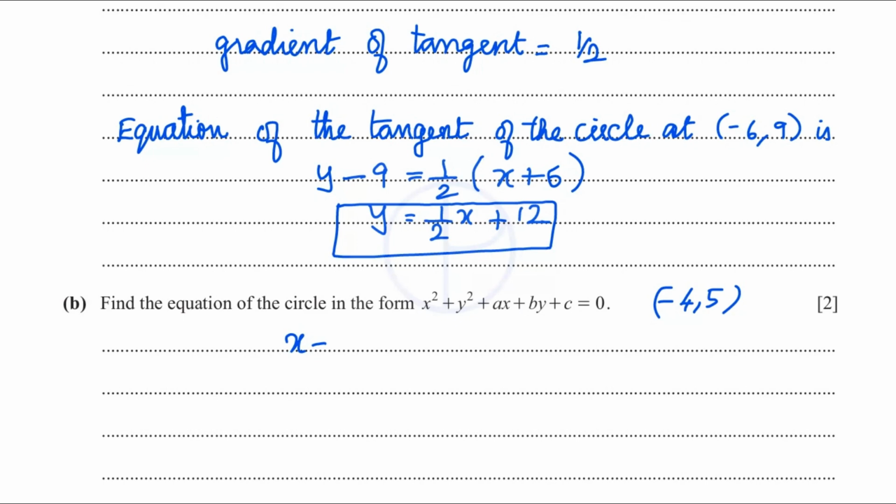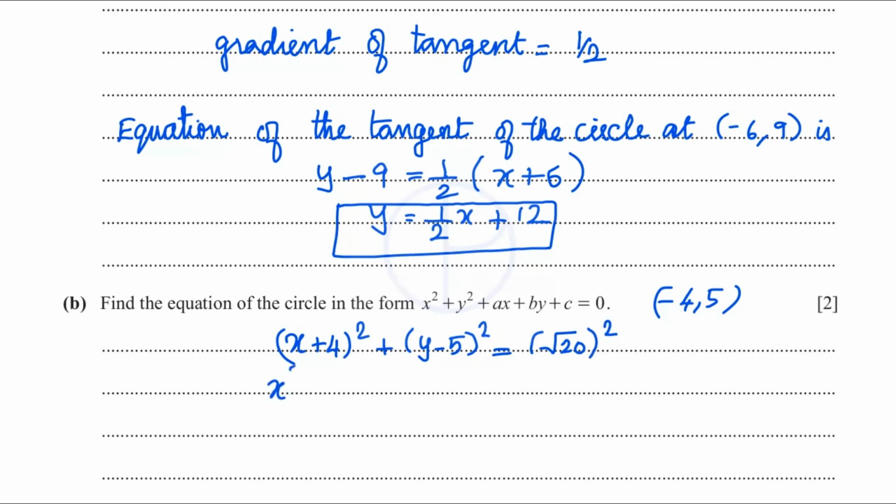So minus of minus 4 will become plus 4, whole squared, plus y minus 5, the whole squared, equal to square root of 20 the whole squared.